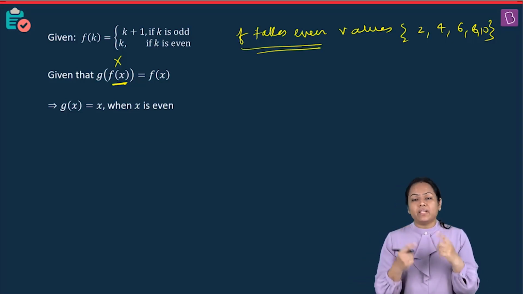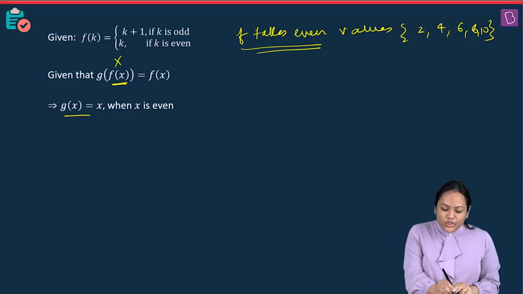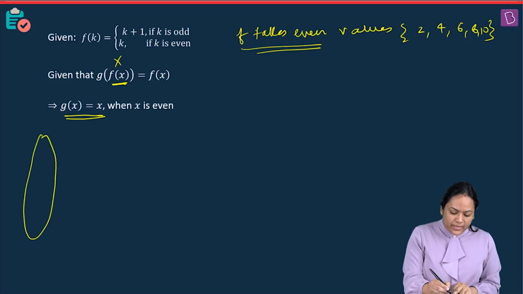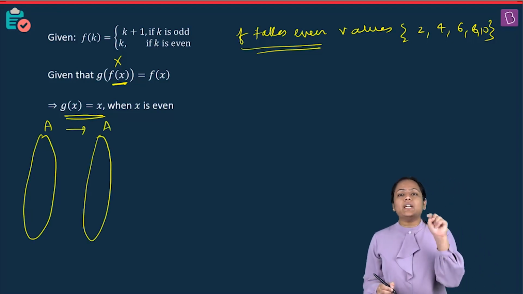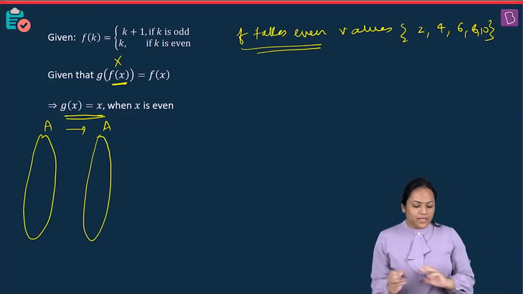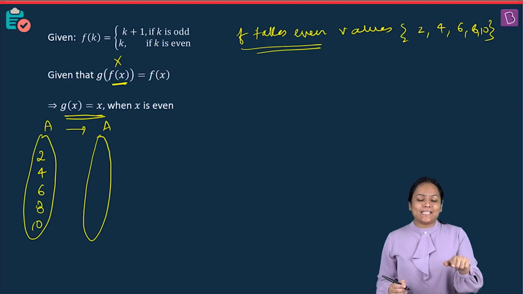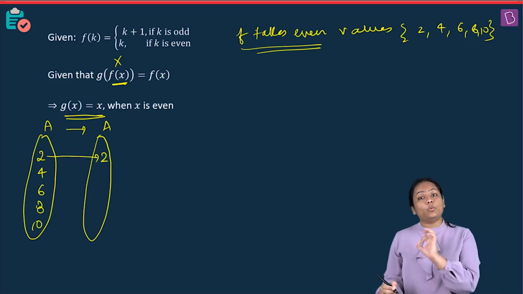Now we have to decide how many such functions are possible such that g of x is equal to x. What does this mean? Suppose I plot my mapping over here, with my function defined from set A to A. Whenever I put my input as an even number, that means 2, 4, 6, 8 and 10, it will map directly to the value equal to x itself.